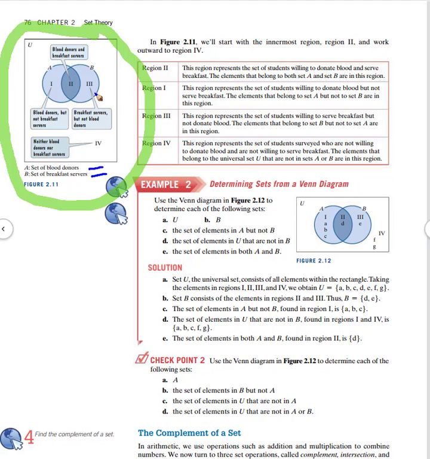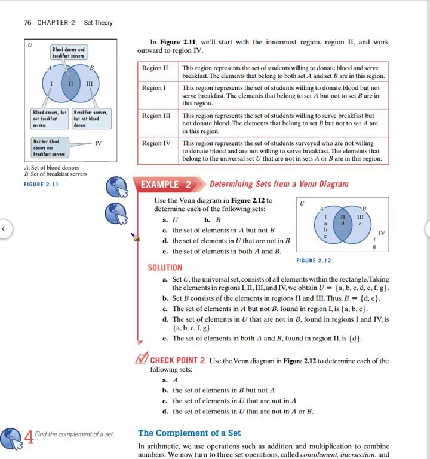Over here, we've got people that just serve breakfast but they're not blood donors. And then the overlap is the group that does both. The last group out here, they're the ones that don't serve breakfast and don't donate blood. They're just out there still in U, but they don't do either one of the other two things.